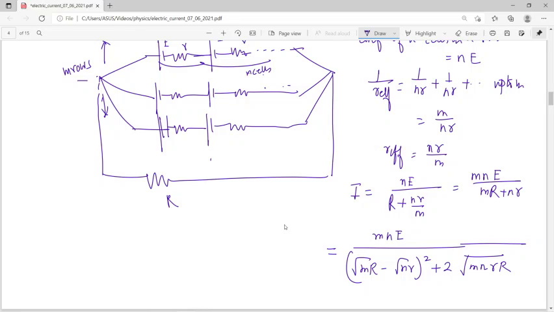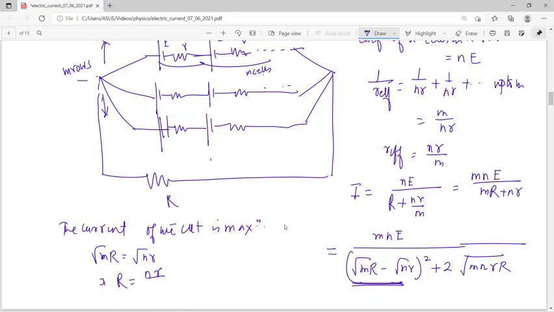The current of the circuit will be maximum when the value of mR equals the value of nr, because that is the whole square formula. If you want the current to be maximum, that part equals 0, that is root of mR minus root of nr equals 0, and that gives R equals nr by m.